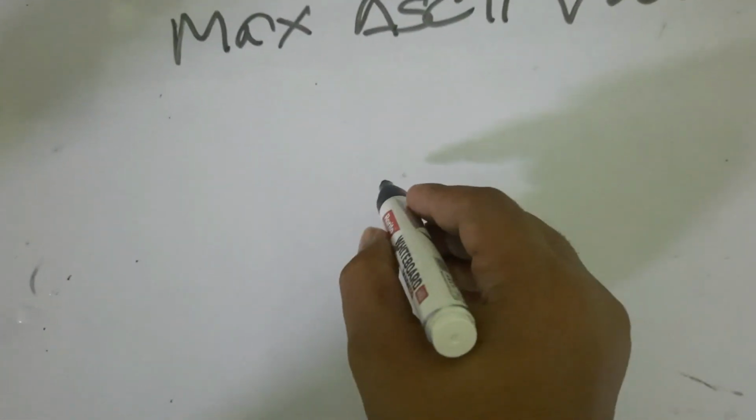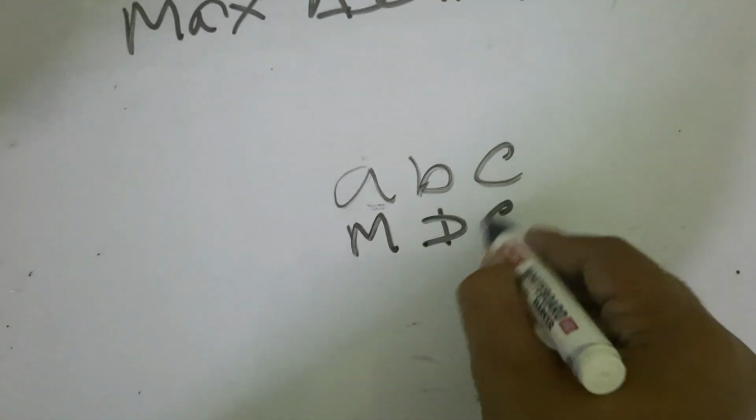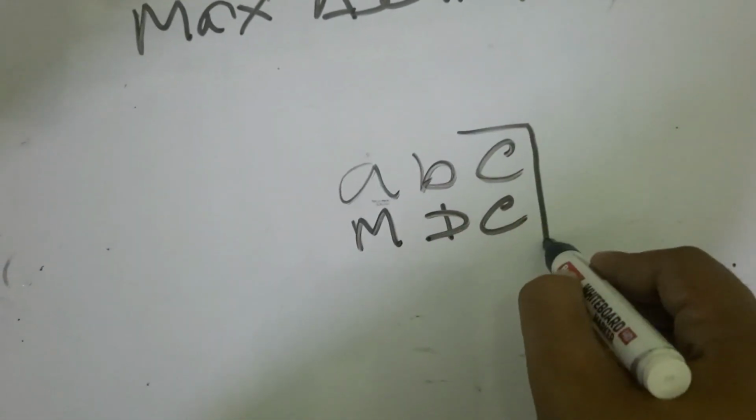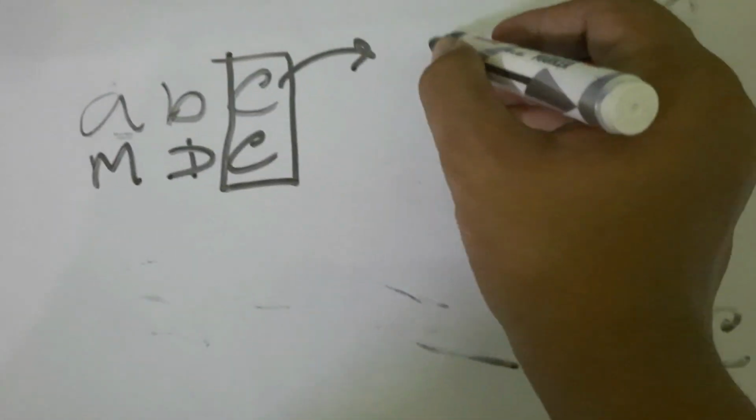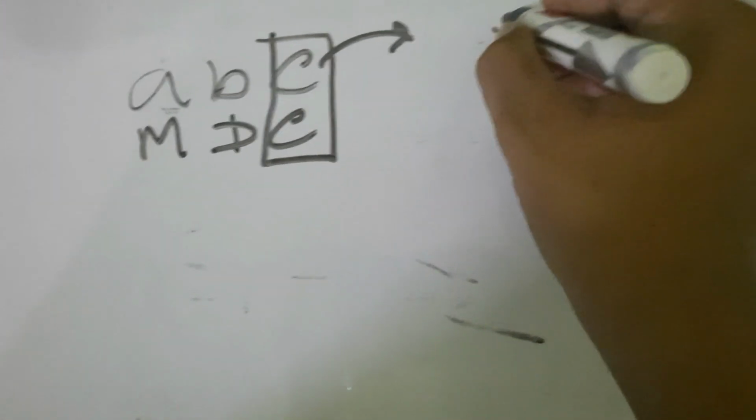Suppose there are two strings a, b, c and m, d, c. If two of the characters are equal, we are going to take that in our ASCII value, which is going to be common in both cases.